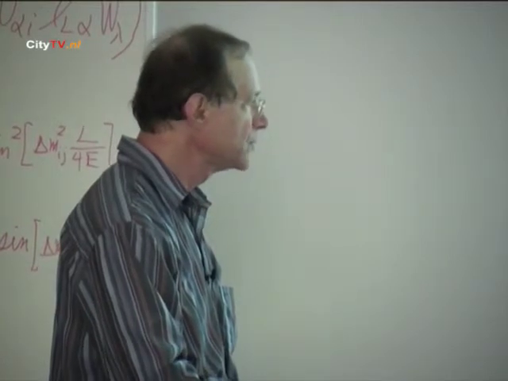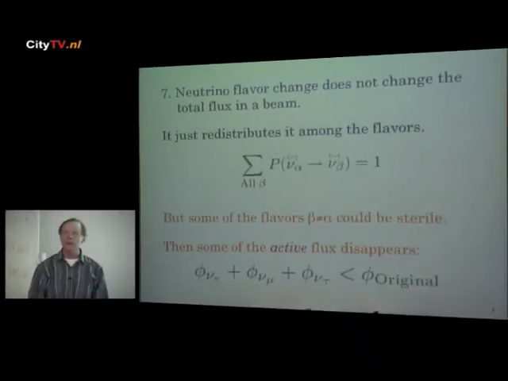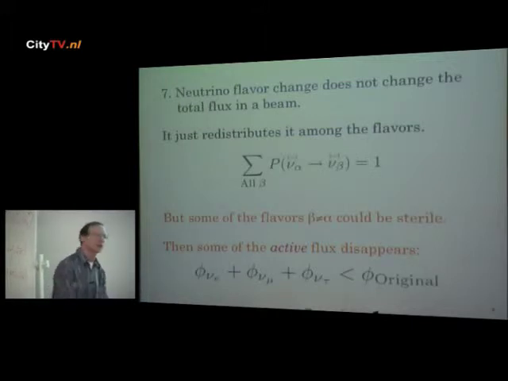That's nu e, nu mu, and nu tau. And you can get the total flux of active neutrinos, but this total flux is going to be less than the original flux because some of the neutrinos became sterile. The total number of neutrinos has not changed, but some of them have become completely invisible. So it's going to look to you like the flux went down.